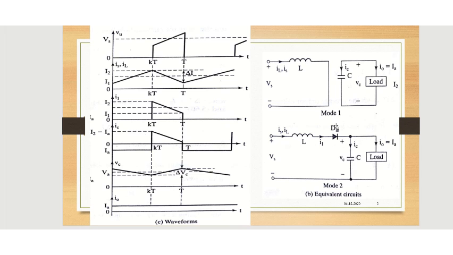The circuit in mode 1 and mode 2 is shown on the right hand side, and the waveforms are shown here. When the switching device is turned on, during this period, this is your IL, the inductor current. It is rising from I1 level to I2 level.